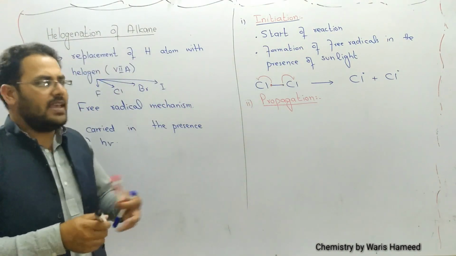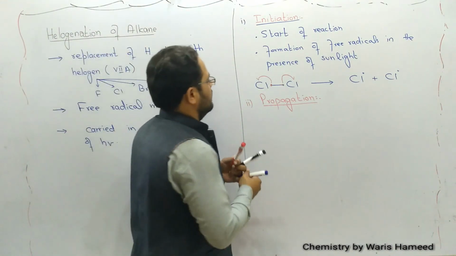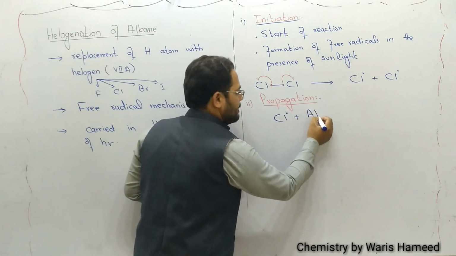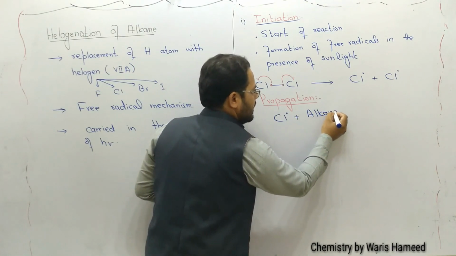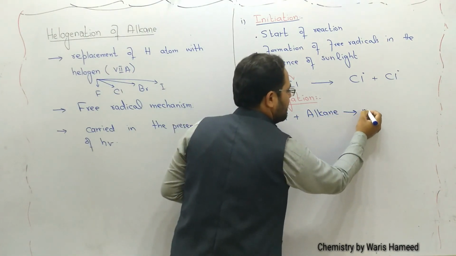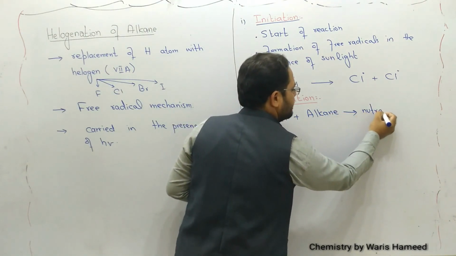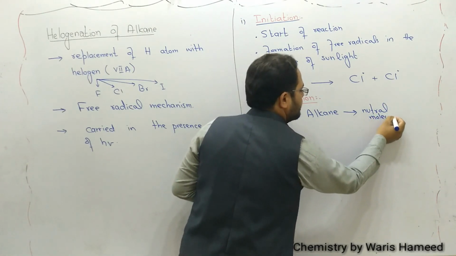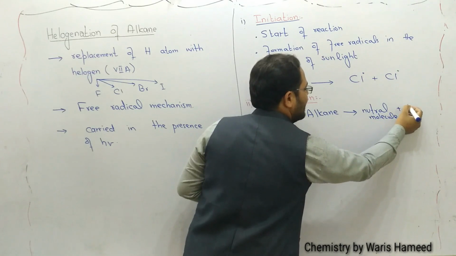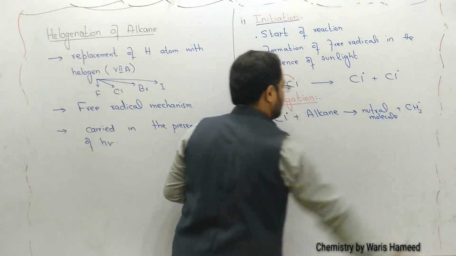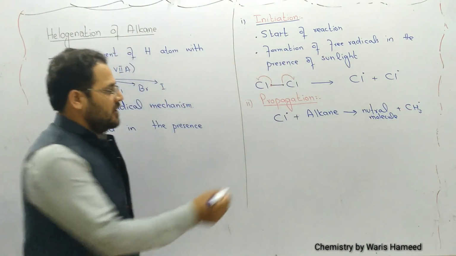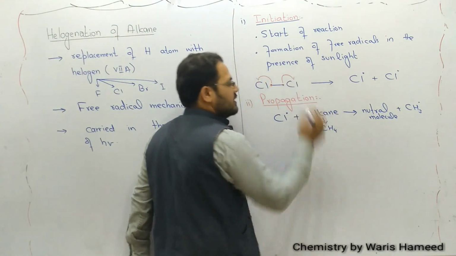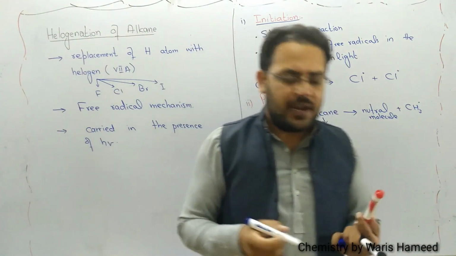In this, chlorine radical will react with alkane and form a neutral molecule plus methyl radical. If the alkane is methane, CH4, then there will be the formation of methyl radical.